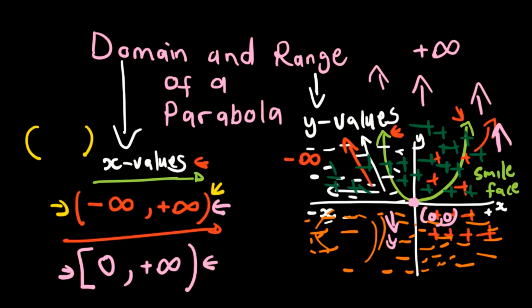But if you know where the graph begins or ends, you will use this solid one, either this or that. That's how you know which bracket to use. So this one here is just going to be the range of the parabola.